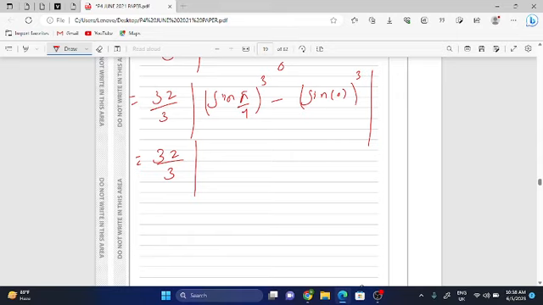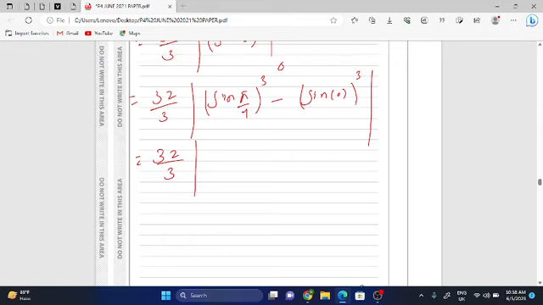For sine pi by 4, you can consider the trigonometric table that shows the values of sine 30, sine 45, sine 60 and so on. So sine pi by 4 means sine of 45, and its value will be square root of 2 by 2 using the table, whole to the power 3, minus sine 0, which is always 0, so 0 to the power 3.